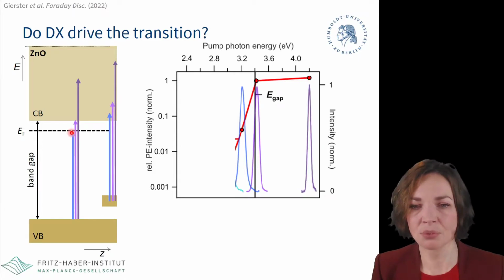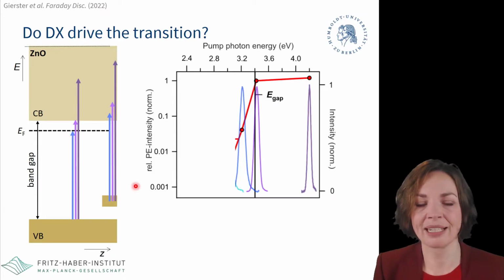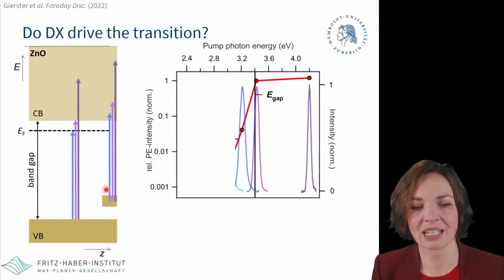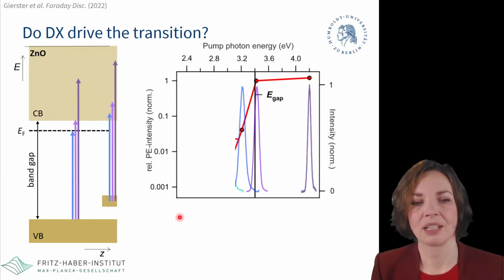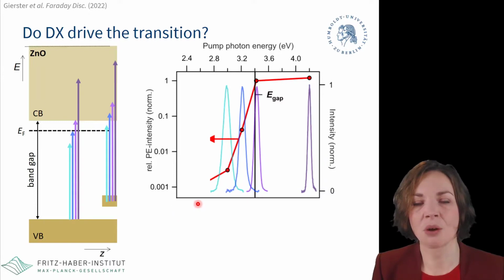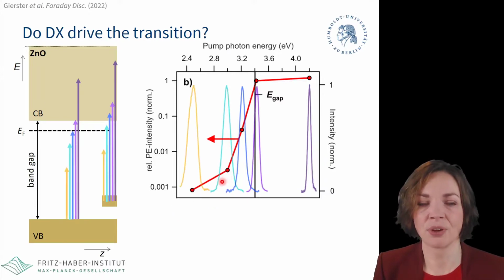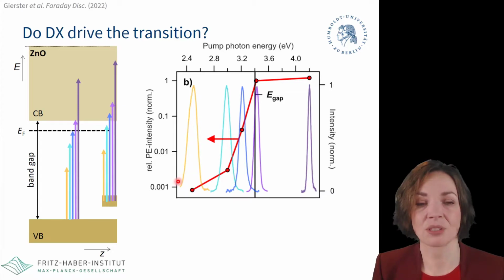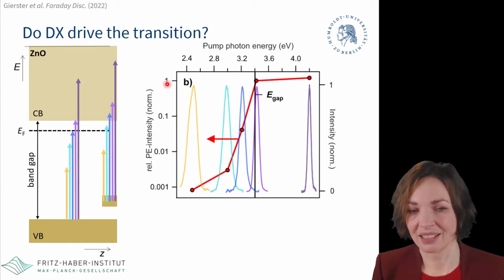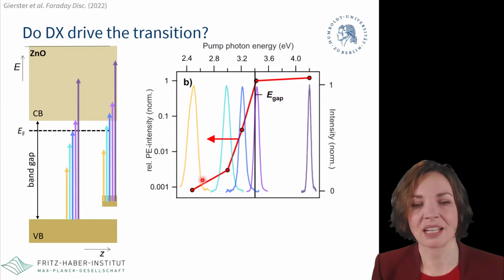So the only process that can then lead to the surface metallization is actually the depopulation of the defect level. And when we reduce our photon energy further, we realize that we can substantially reduce the intensity of this surface metal, and this is a logarithmic axis, as you can see.